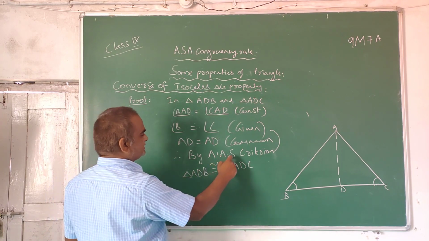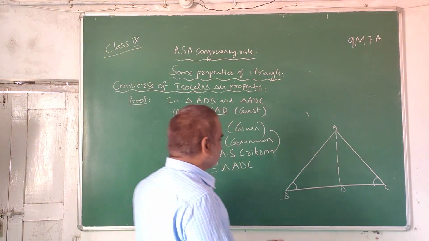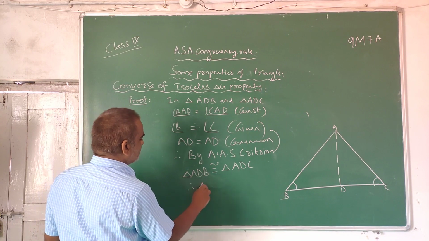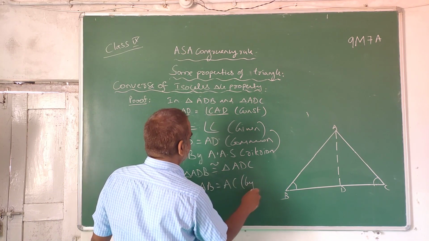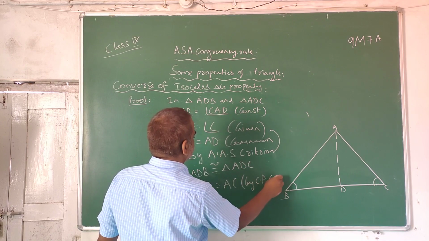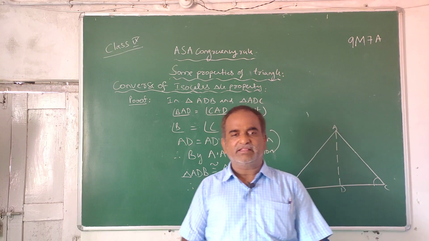The moment two triangles are congruent, by CPCT you can conclude that AB is equal to AC. Therefore, we have proved the theorem. Okay, this ends the theorem.